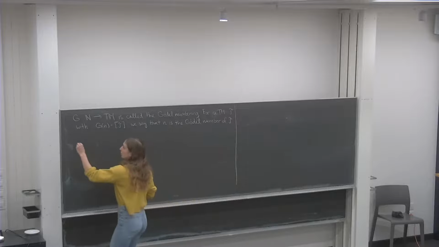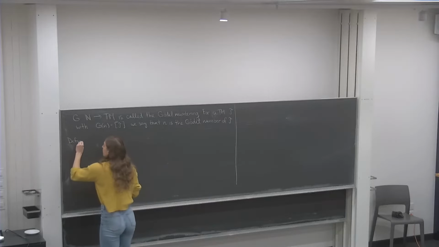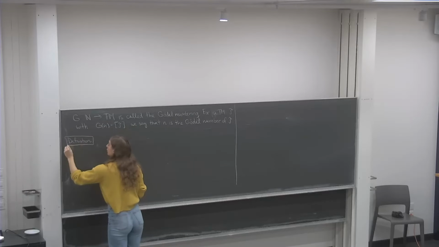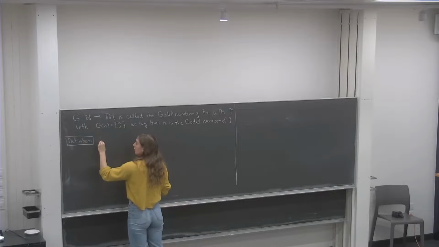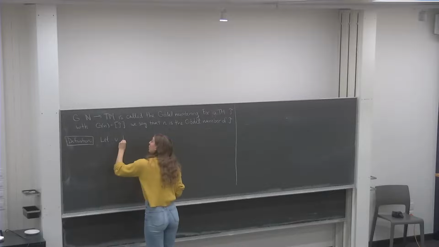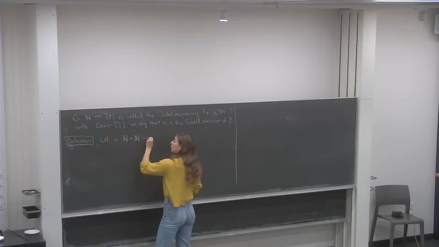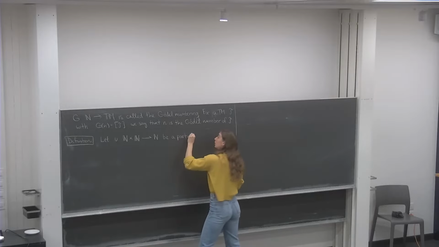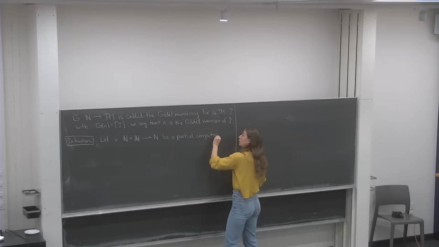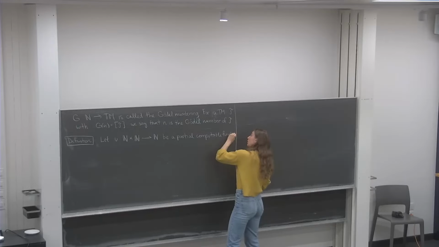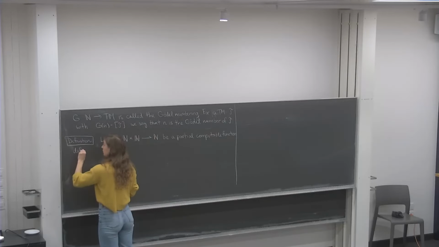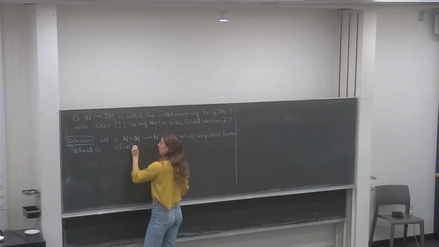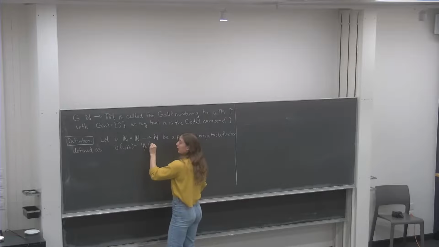And I suppose one of the most important definitions in these two weeks: let U be a partial computable function defined as follows: U on input i, n is phi with index i applied to n.